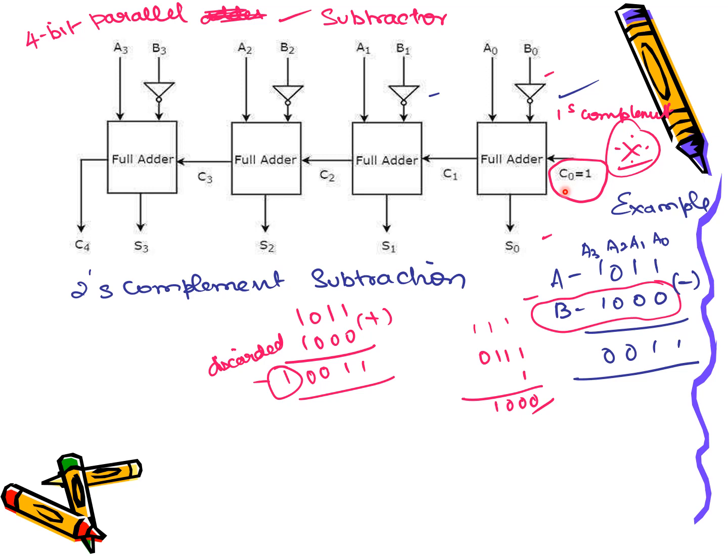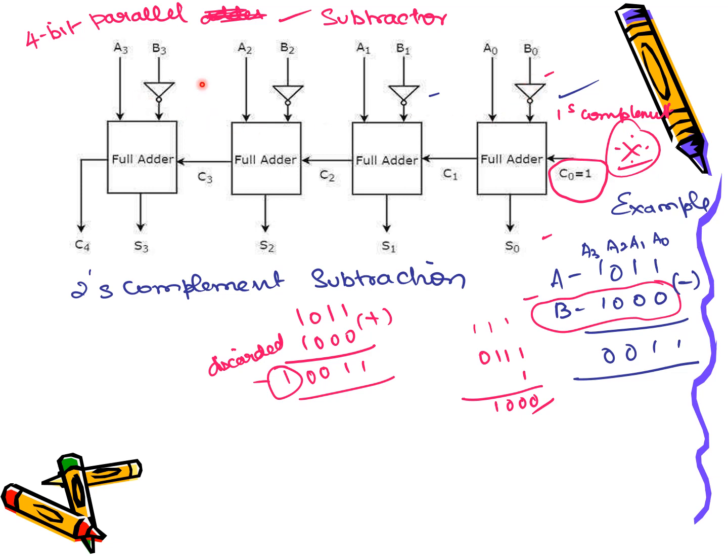So you have to force C0 equal to 1 initially, and then provide the other input bits, and the B input signal will always be complemented and provided to the adder circuit.